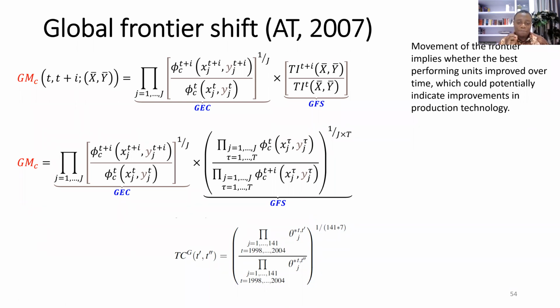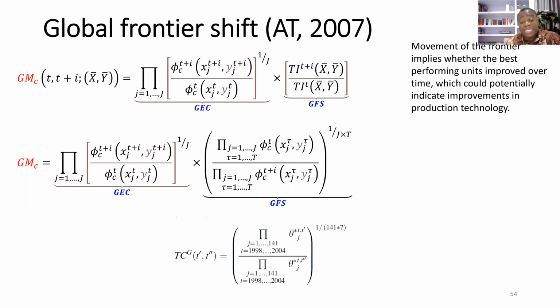So there is no particular time period. What you are doing is taking the efficiency of all the firms in all time periods. When it comes here, tau has been defined as 1 to capital T: all the firms in all the time periods relative to that small time T, and then all the firms in all time periods relative to the frontier T plus I. The subscript C here means we are dealing with constant returns to scale, which means we will not experience infeasibility.